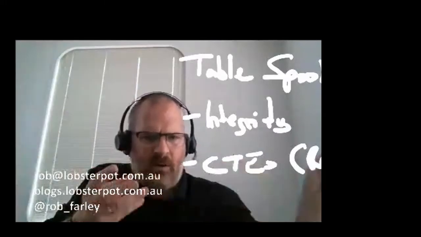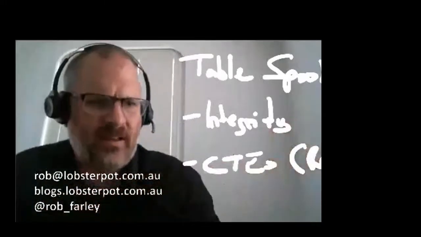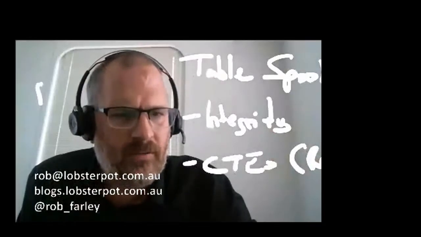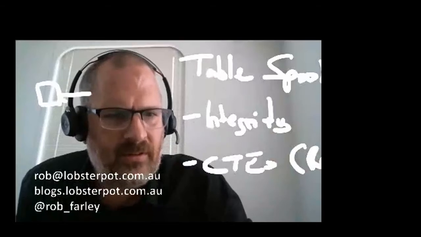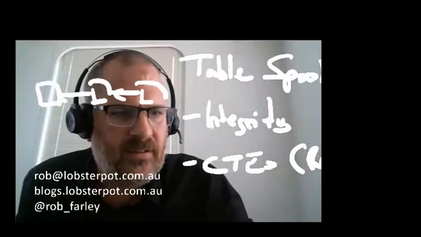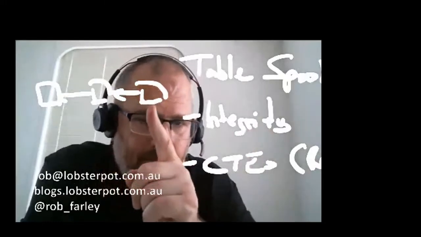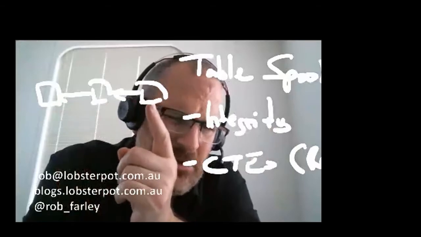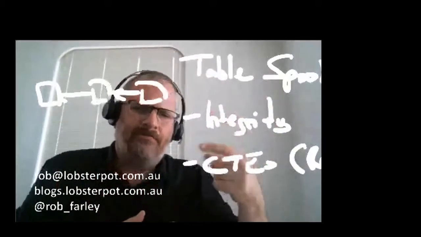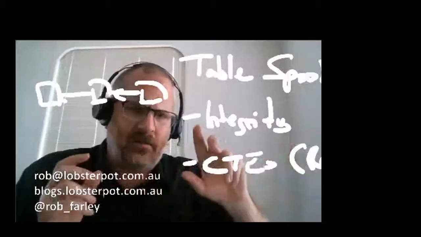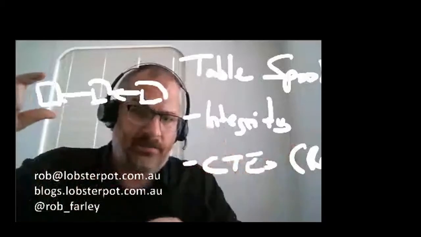When you've got an update statement here, and you're pulling data out of a particular index and updating rows, it'll often put a table spool in the middle to make sure that pulling data out of that index isn't going to get confused by these changes.